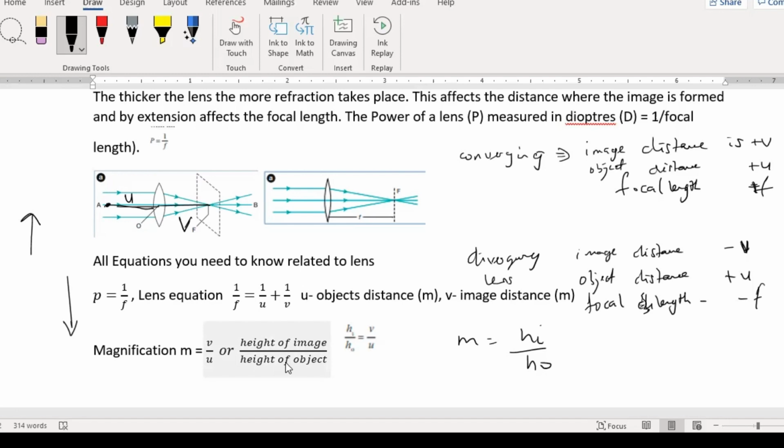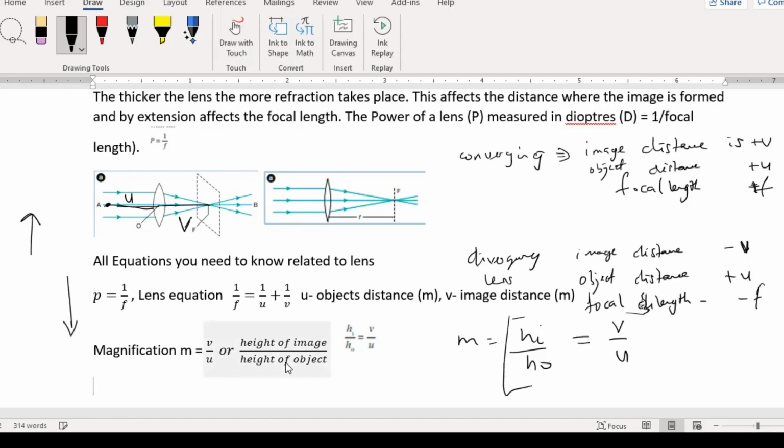What I want you to pay attention to here is that sometimes they can tie different things together. What if you weren't given all the information? They want you to find the object's distance, but maybe you know the image distance. Then you could link these two formulas together.